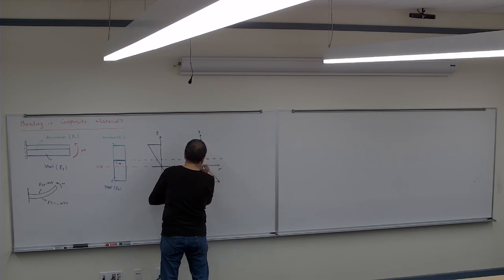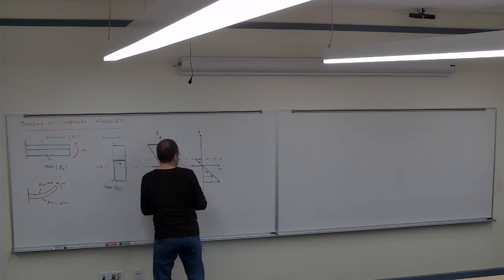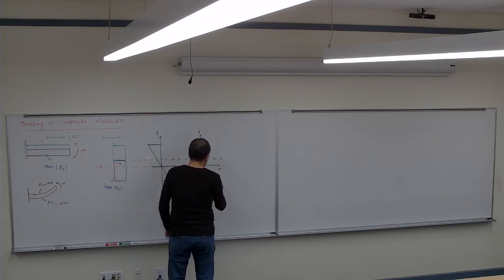The interface goes there. So here it becomes negative. So it's positive here. Below the neutral axis it is positive, above the neutral axis it becomes negative.